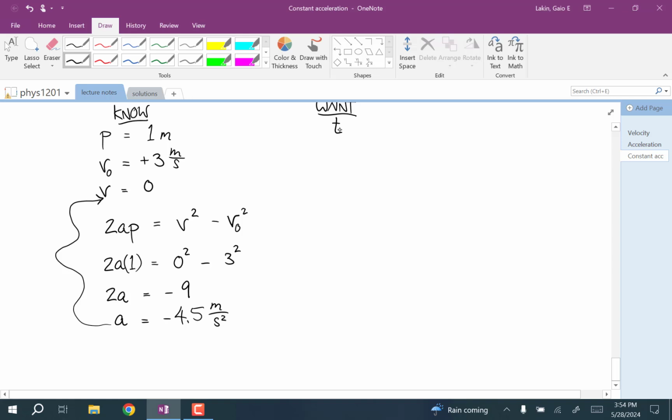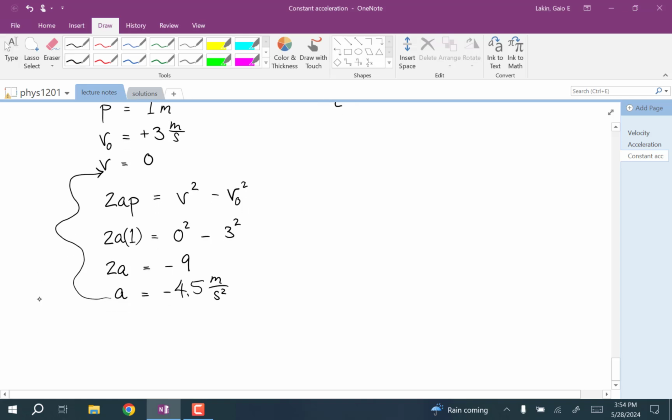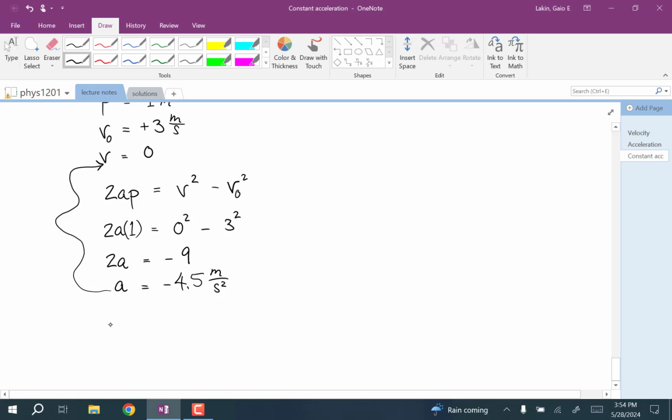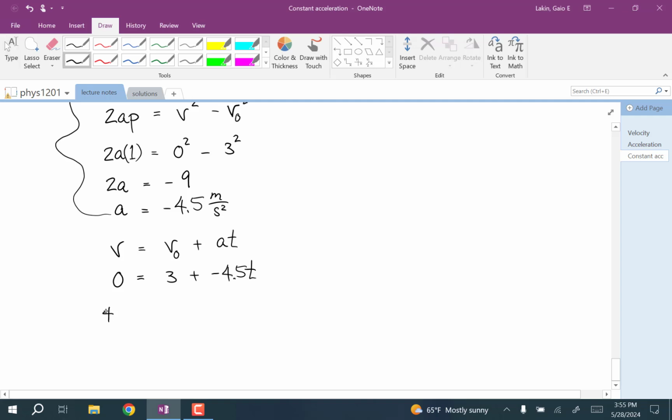So now, is there an equation that works? Yes, it looks like we can use v is equal to v sub 0 plus at. 0 is equal to 3 plus negative 4.5 t. And so 4.5 t is equal to 3.